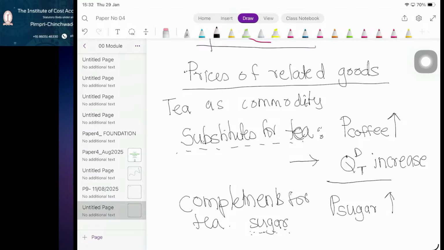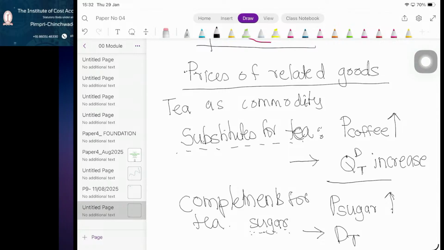Now remember, tea is used along with sugar. So the higher the price of sugar, the costlier tea will become. So when the price of a complementary good increases, the effect on demand for tea will be what? Will it increase or decrease?